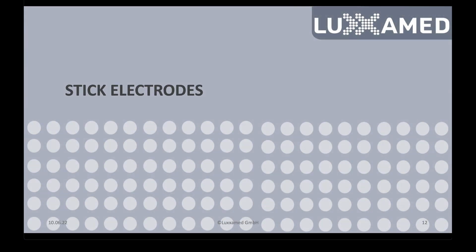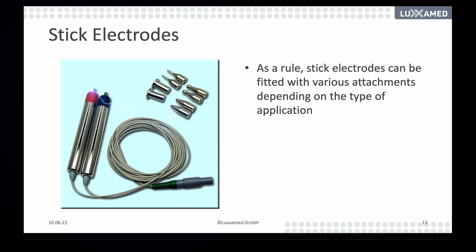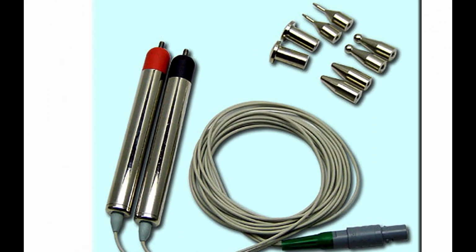Now we speak about the stick electrodes. The stick electrodes are metal sticks which the user holds in the hand and works with on the patient's body. There are various attachments for the stick electrodes. You see on the picture there are some small balls, nice to use on trigger points, for example.